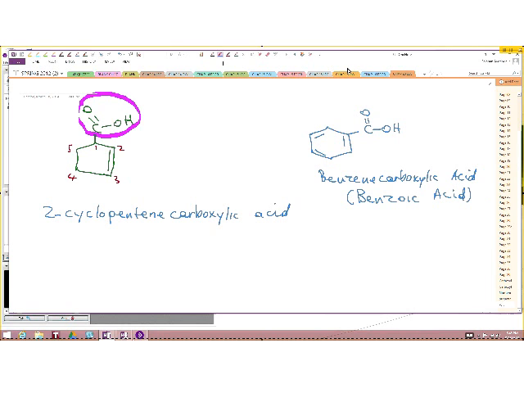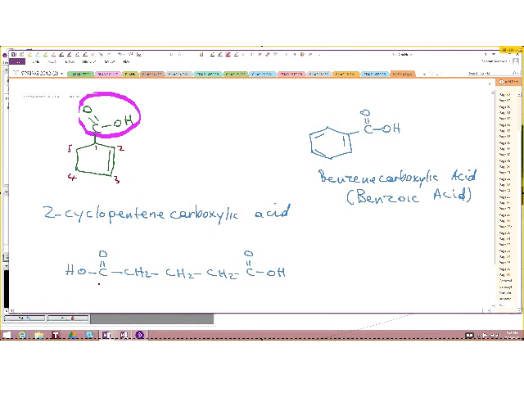Now, supposing you have two carboxyl groups in the same molecule. In this case, you number the carbon atom.